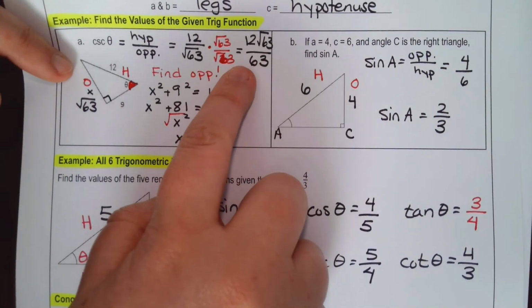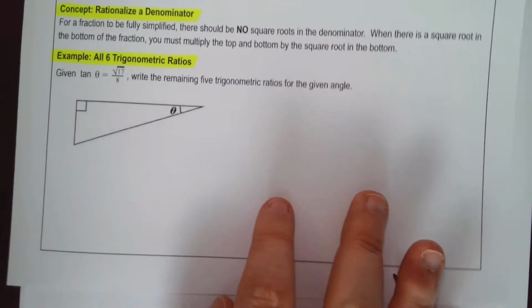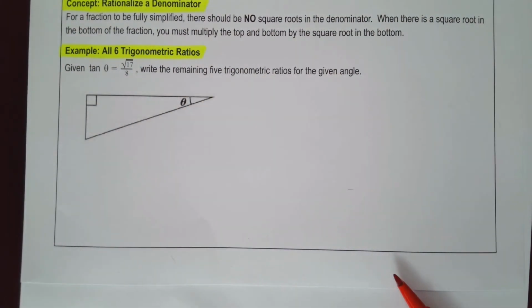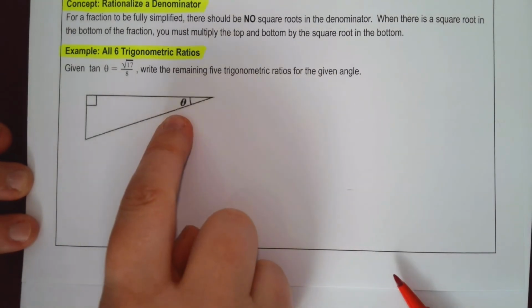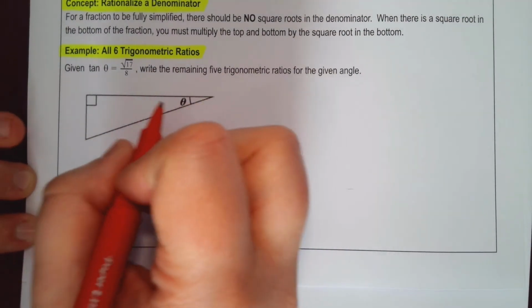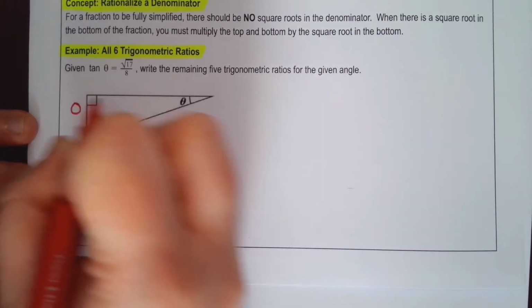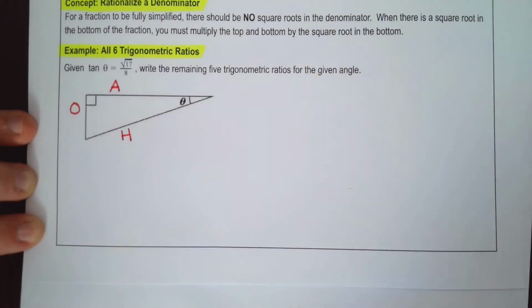So now that we have this one taken care of, let's do this problem. We have tangent of theta is the square root of 17/8. Write the remaining 5 trigonometric ratios for the given angle. So here's theta. So we know that this is the hypotenuse, this is opposite, this is adjacent.